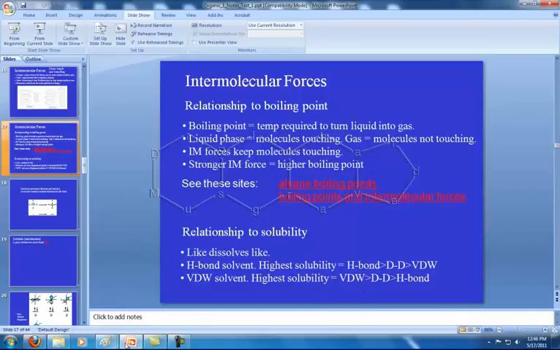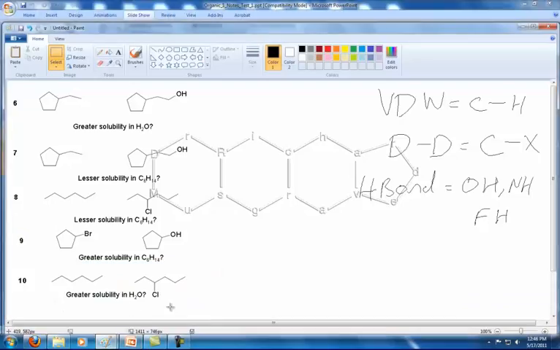Alright, let's take a look at some examples of those. Now, when we're looking at these kinds of situations, we're interested in not just the intermolecular force of the compounds, we're also interested in the intermolecular force of the solvent as well. So we can know that this one is van der Waals.